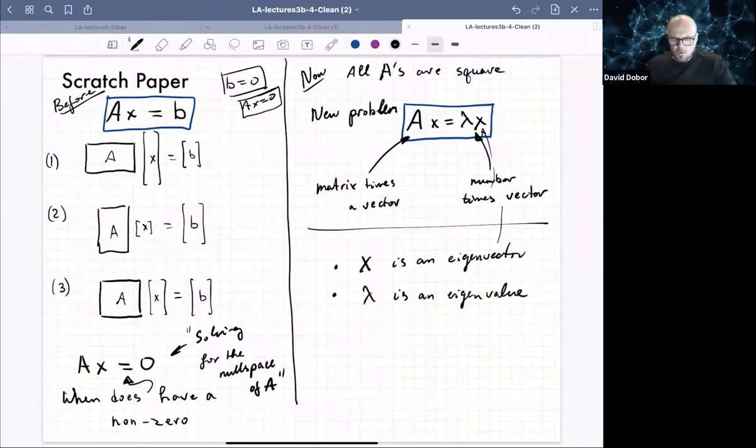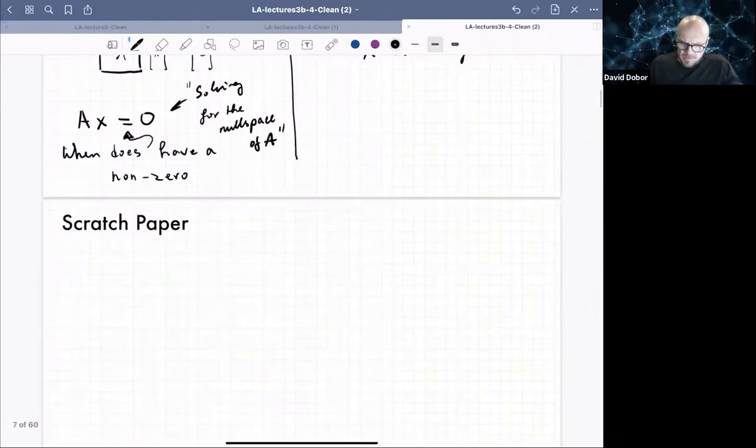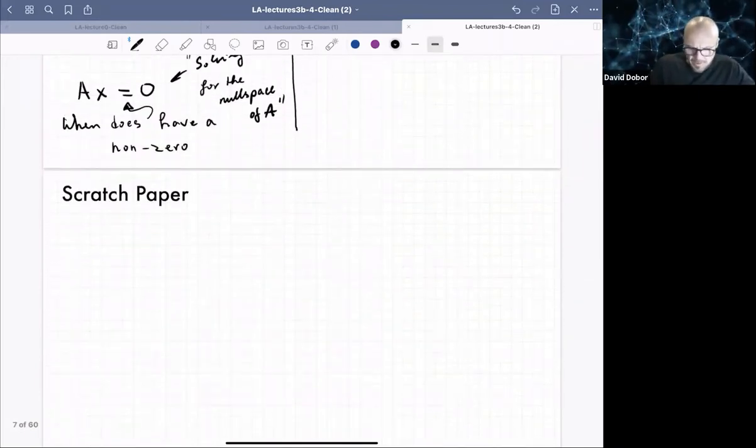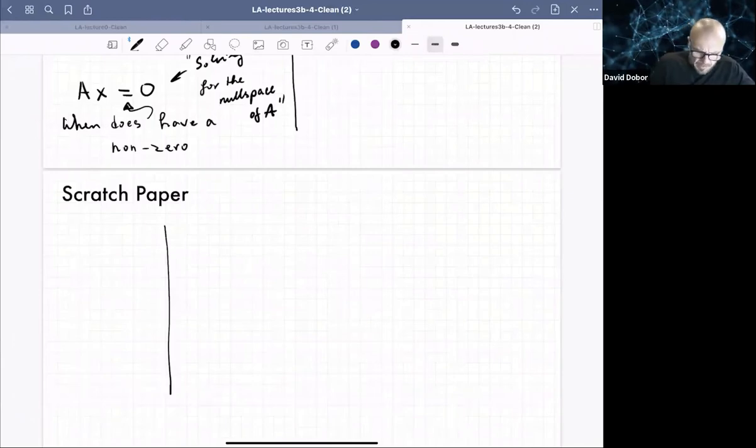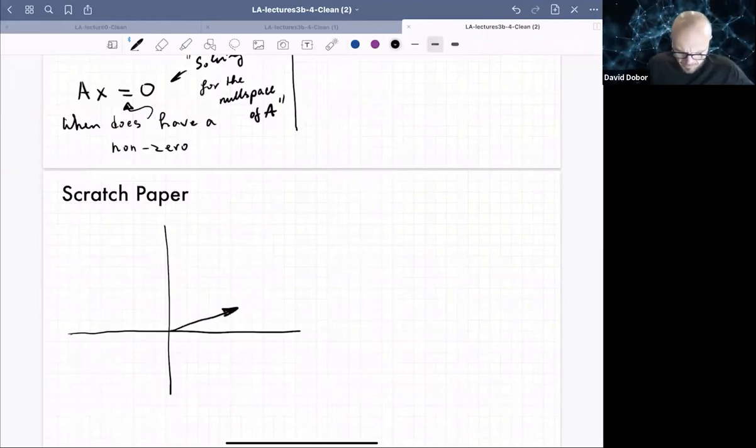Okay, so let's draw a couple of pictures first. Here you have R2, and let's suppose that this is some vector in R2, maybe like 3, 1 or something like that.